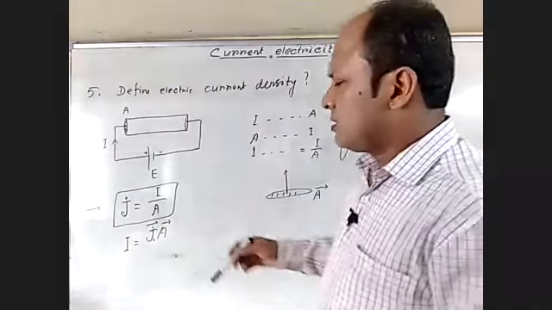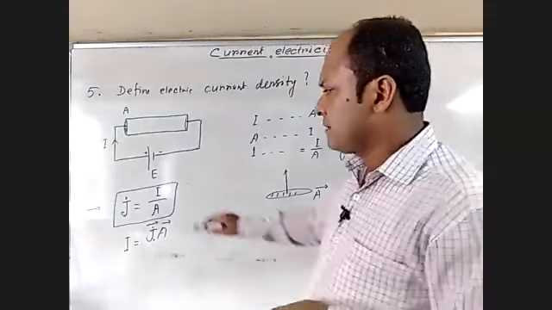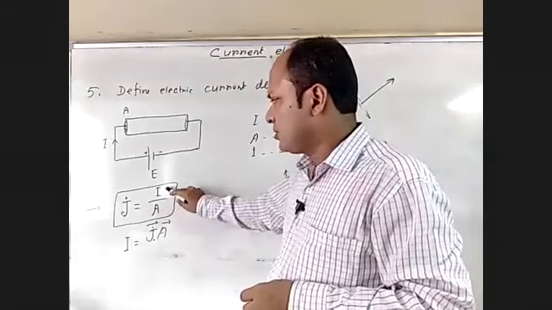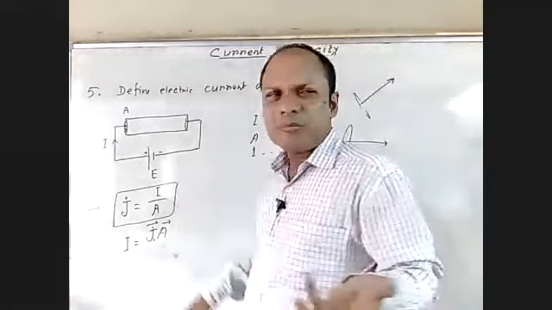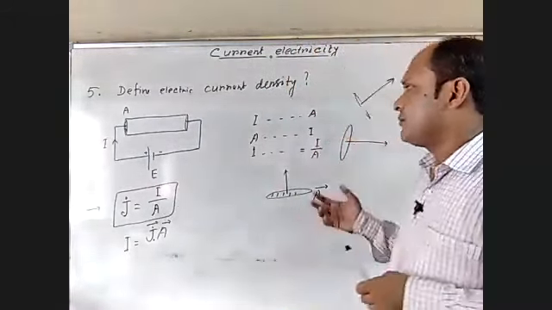So what is the unit of current density? It is ampere per meter square. You can write ampere per centimeter square also. So how can you define current density?